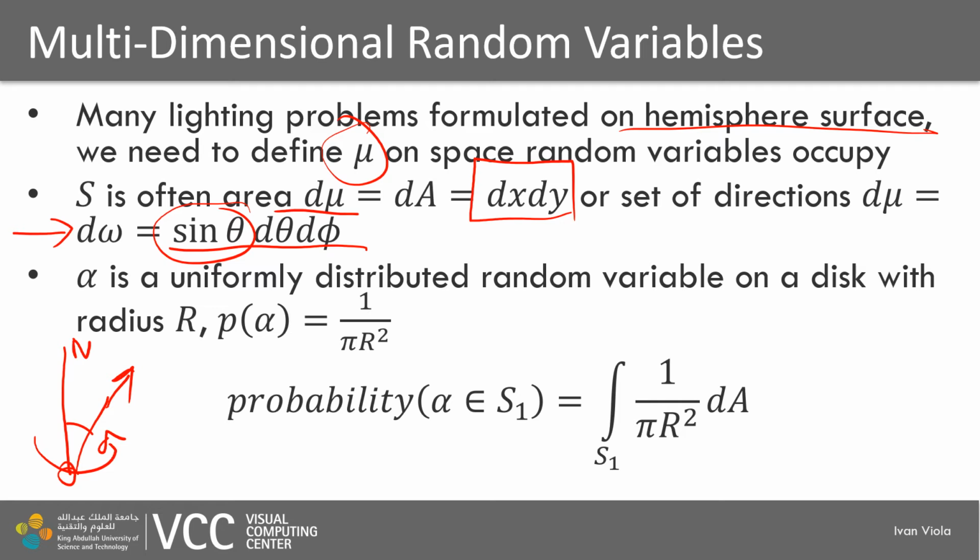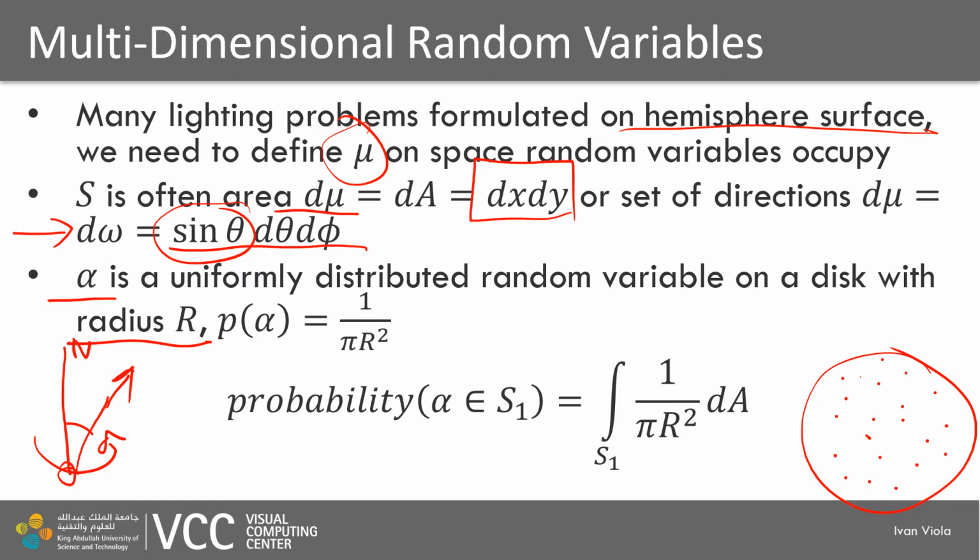So let's say that our random variable alpha is a uniformly distributed random variable on a disk with a radius r. If it's uniformly distributed, it can be anywhere on the disk with the same probability.